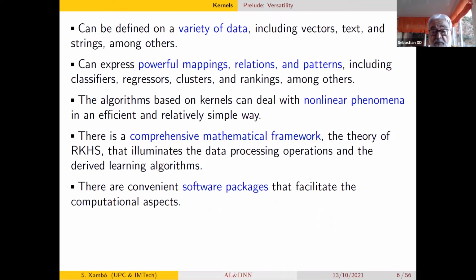There is a comprehensive mathematical framework, the theory of reproducing kernel Hilbert spaces, that illuminates the data processing operations and the derived learning algorithms. And finally, there are convenient software packages that facilitate the computational aspects. More of that at the end of this talk, or of the session, or maybe tomorrow.